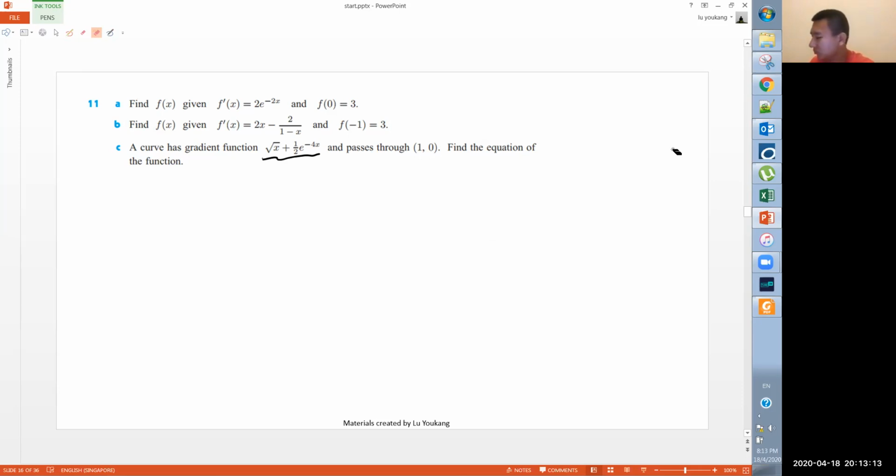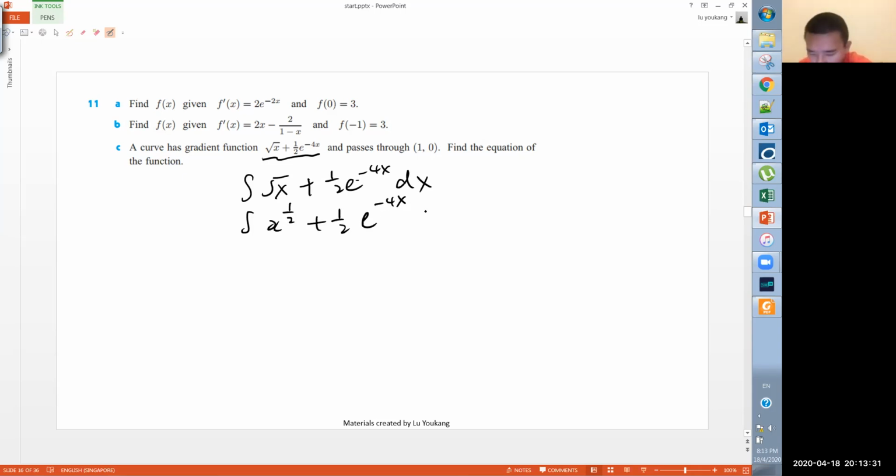Okay, so you have a gradient function. So you need to integrate the gradient function to get back the graph function. But before you can integrate this, you need to put it in a format that is friendly for integration. Then you integrate term by term.